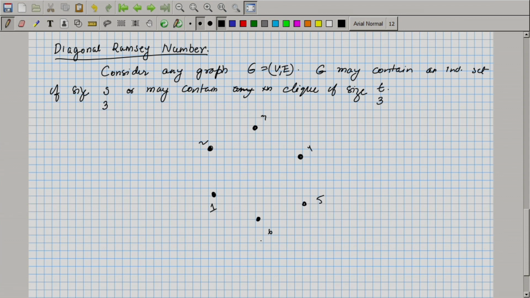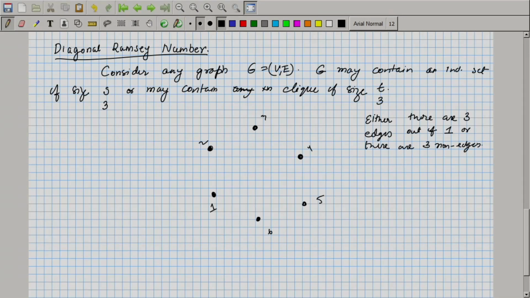So, we can write the following: either there are 3 edges out of 1, or there are 3 non-edges.